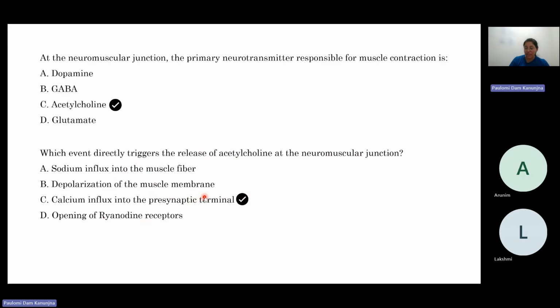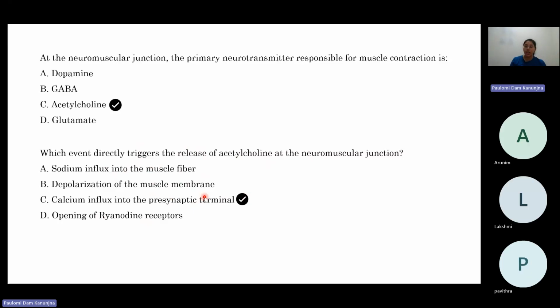Depolarization of the muscular membrane led to the release of calcium for actin and myosin to interact, so the sliding filament theory takes place. That is for contraction. But when you are talking about neurotransmitter release, it's calcium influx in the presynaptic terminal, which leads to the fusion of the vesicle.